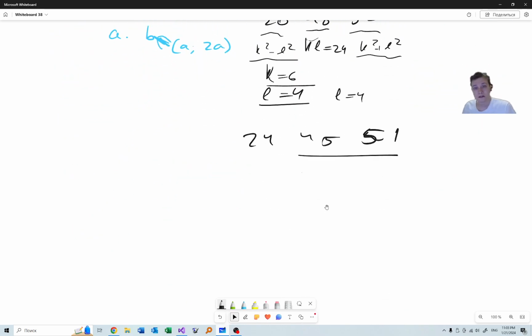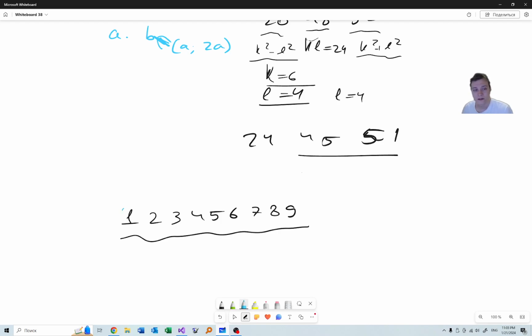So actually, we will also apply some brain here. Let's look at this number. So this is definitely not prime. It is not prime because this number is divisible by 3, this is also divisible by 3, and this is also divisible by 3. This means that the sum of all these digits is actually divisible by 3.